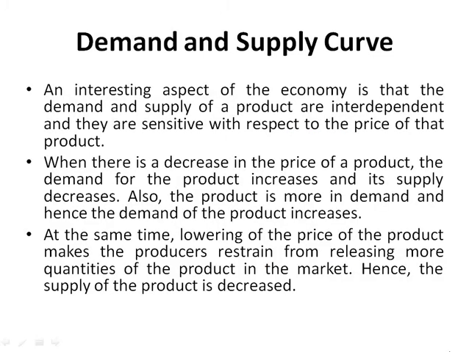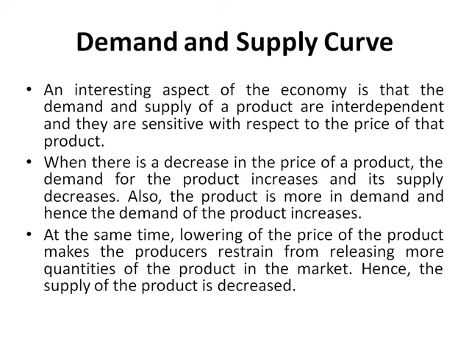So here is an interesting aspect of the economy: the demand and supply of a product are interdependent, and they are sensitive with respect to the price of that product. When there is a decrease in the price of a particular product, the demand for it will increase, which leads to supply decreasing.